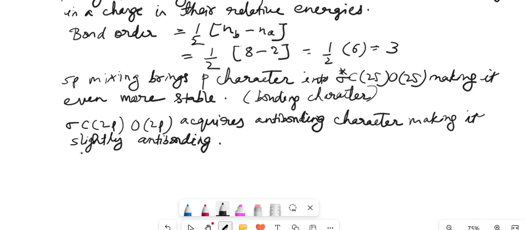So the bonding orbital acquires anti-bonding character and the anti-bonding orbital acquires bonding character.